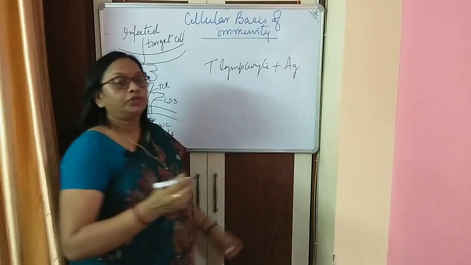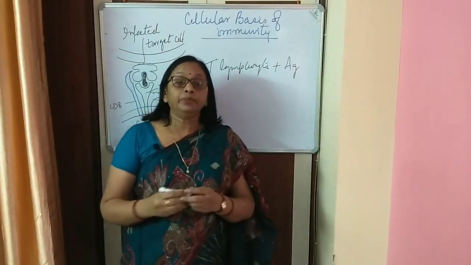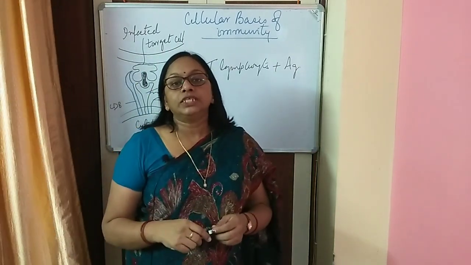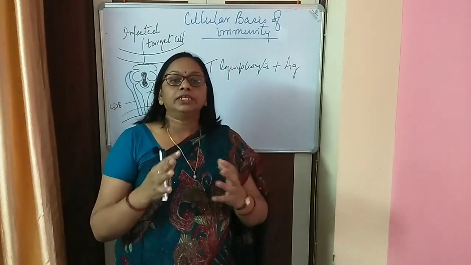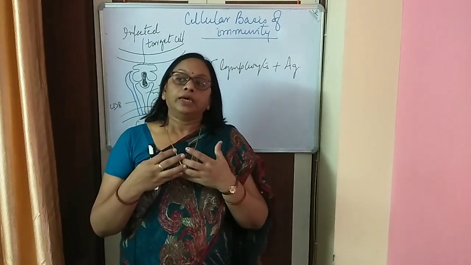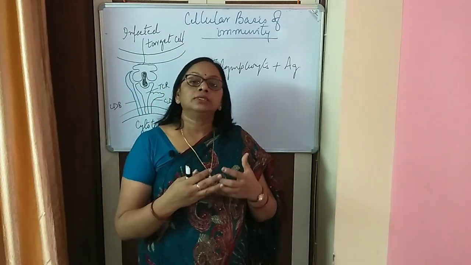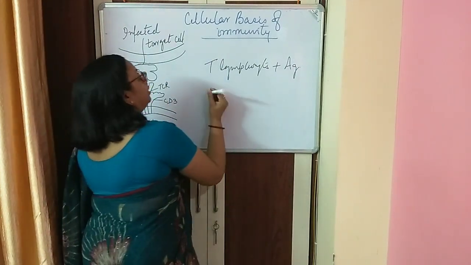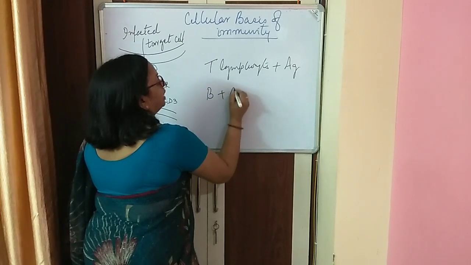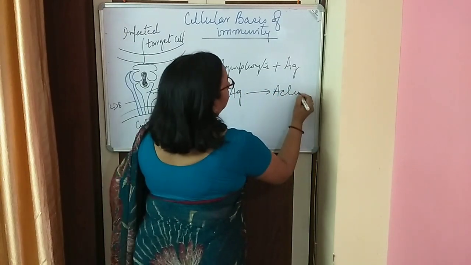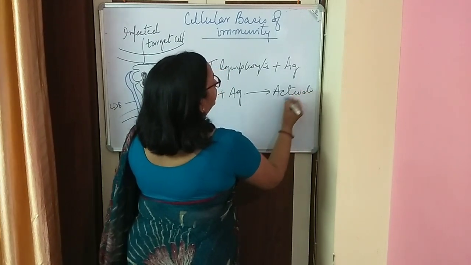As I told you in the previous lecture, T lymphocytes always need antigen when it is presented with the MHC. So these T lymphocytes are not simple like B lymphocytes, where antigen leads to activated B cells.